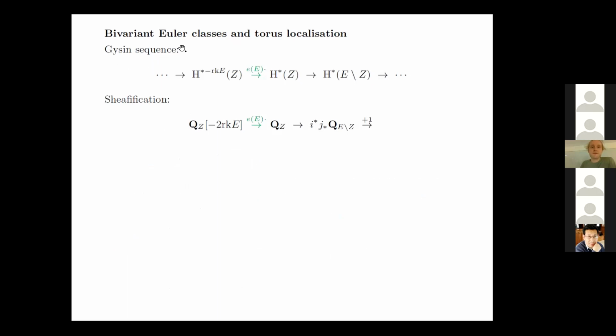If you remember from your first course in algebraic topology, this is how you define the Euler class. If E is a vector bundle over Z, then there's a long exact sequence on cohomologies, and you've got this map, which is multiplication by the Euler class. It turns out you can sheafify this result to get a distinguished triangle of sheaves of, say, vector spaces on a topological space.